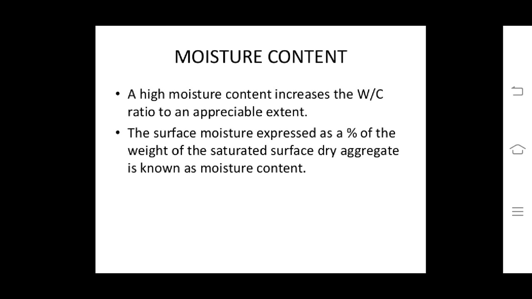The next property is moisture content. A high moisture content increases the water cement ratio to an appreciable extent. The surface moisture expressed as a percentage of the weight of saturated surface dry aggregate is known as moisture content.